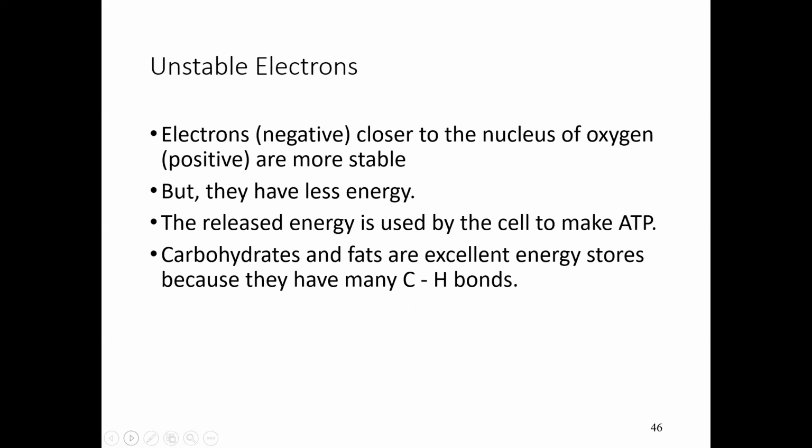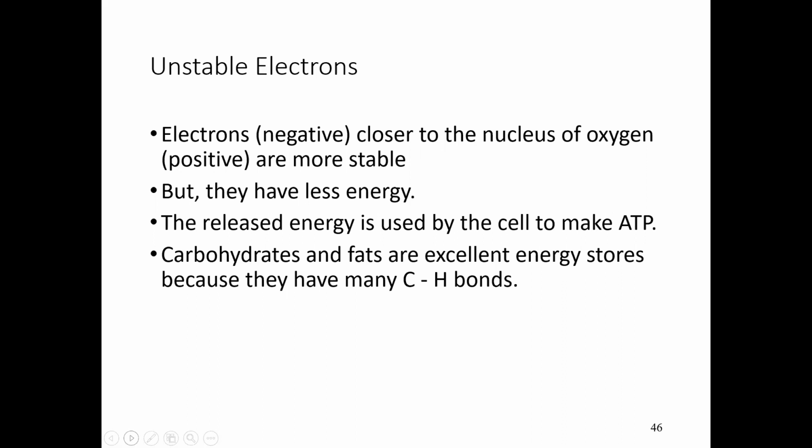Okay, so we know all this. So the electrons in the valence shell are unstable because they have more potential energy. Stable electrons are in the first shell, the closer orbits. The outer shell, the outer orbit, is where the unstable electrons are because they've got lots of energy to give.